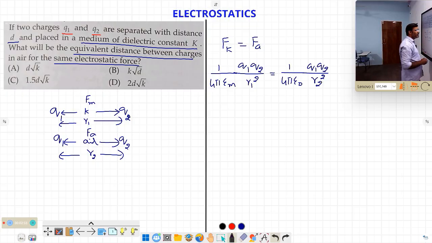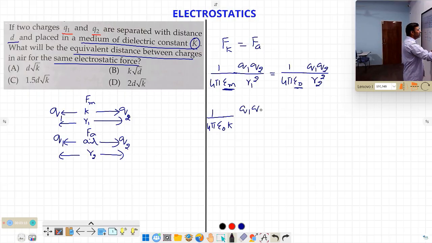Here you need to understand what is the same: the charges are the same, the distance is not the same, and here it is the permittivity of the medium, while this is the permittivity of free space. So I can write the permittivity of the medium as epsilon naught into K. That is called relative permittivity, also called the dielectric constant, because they gave the dielectric constant in the question.